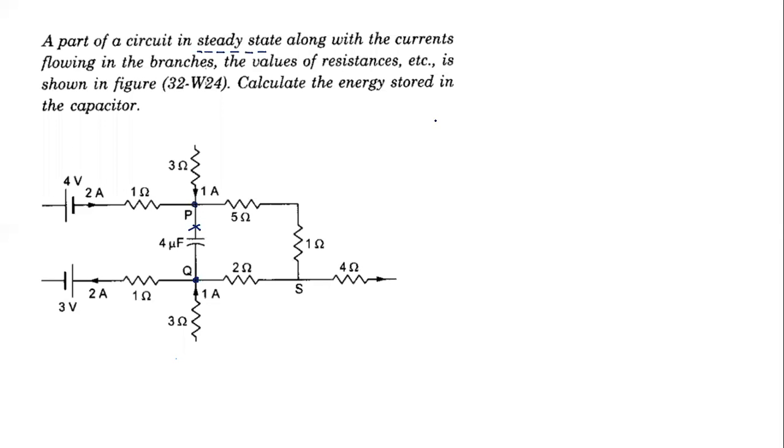So I will start with this. What I need to calculate is the energy stored. What is the energy stored in the capacitor equal to? We can write it in 3 forms: Q square by 2C, or 1 by 2 CV square. Here C is given, so if I can find the potential difference across the capacitor, I can find the energy stored.